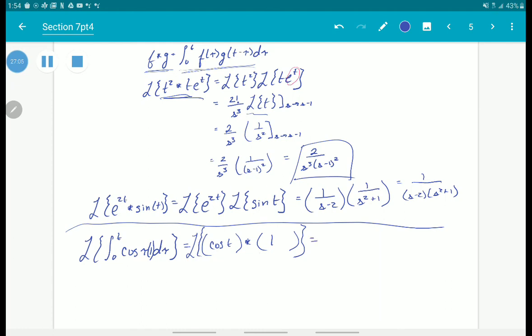So the Laplace of that convolution is going to be the Laplace of cosine of t times the Laplace of 1. The Laplace of cosine of t is s over s squared plus 1. The Laplace of 1 is 1 over s. So our final answer is 1 over s squared plus 1. So you can just see how we're using that definition to help us get there.